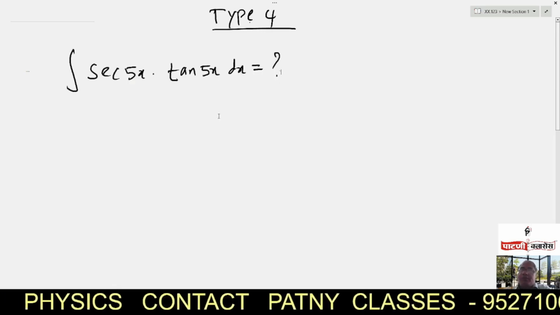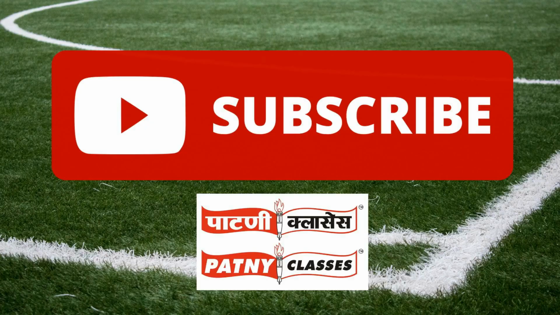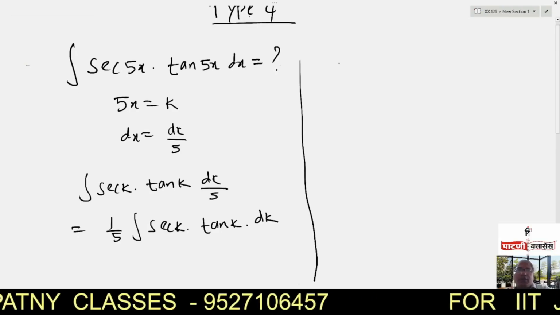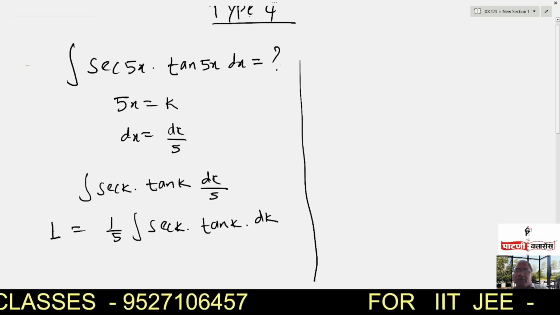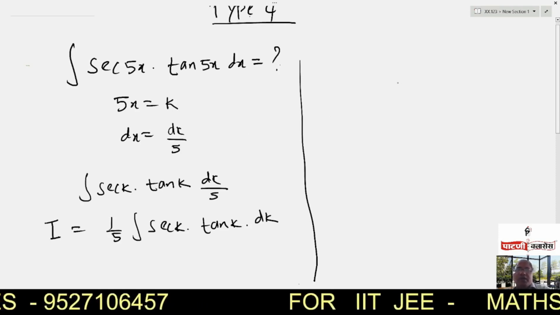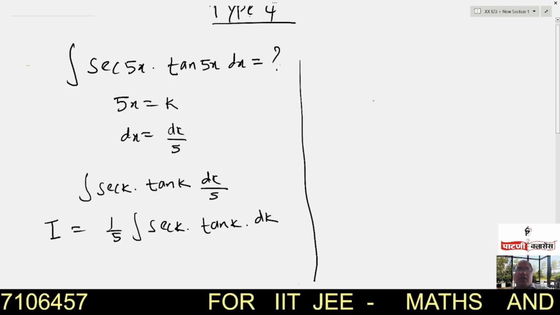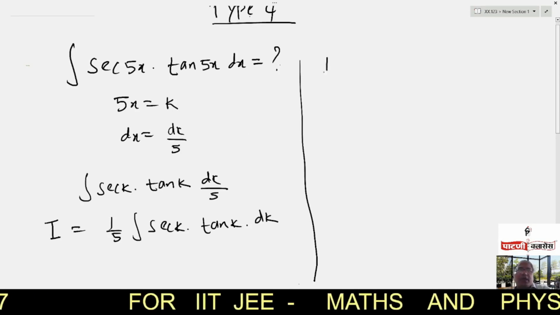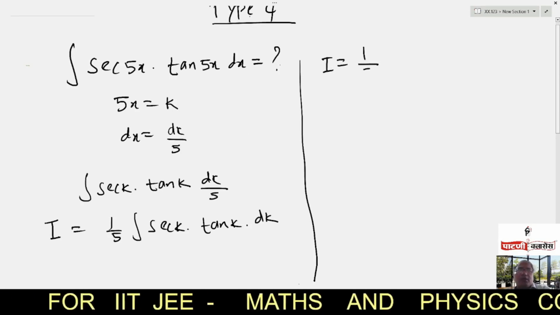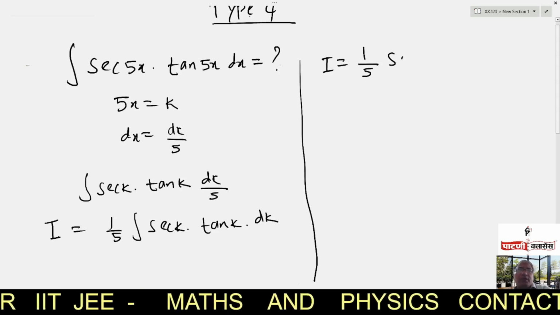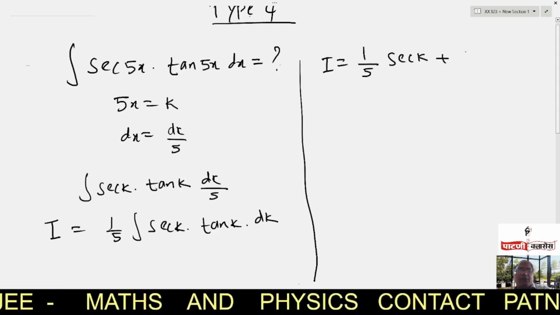Example, integration of sec 5x tan 5x with respect to x equals how much? Here, as usual, 5x equals k, then we get I equals 1 upon 5 integration of sec k into tan k with respect to k. I equals 1 upon 5 sec k plus c.